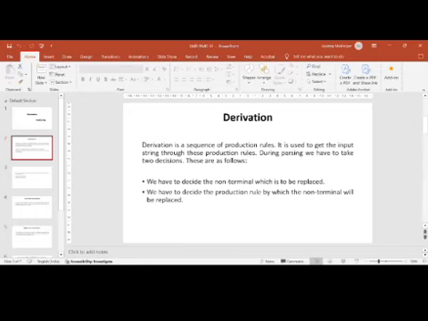That means whatever non-terminals are there, we need to replace them. And the other thing, rule number 2, decides the production rule by which the non-terminal will be replaced. So you have to remember these two rules when you go for the derivation. This is the basic thing you have to remember, right?